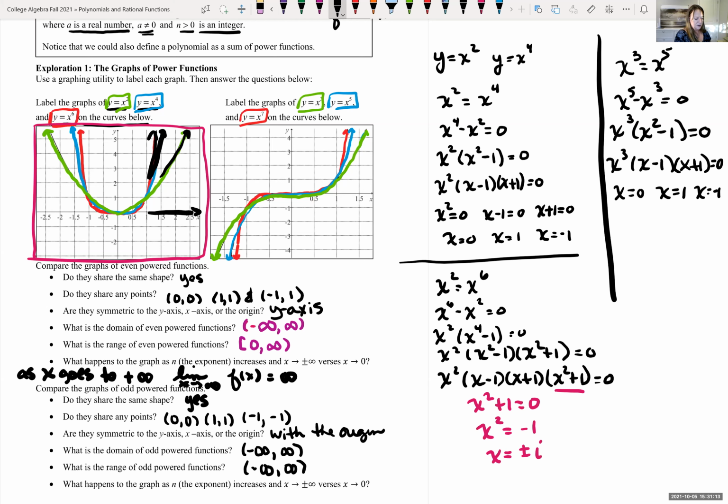As the limit as x goes to positive infinity, it shot up and went to positive infinity. And as x approaches negative infinity, f of x of our even function, notice that it's shooting upwards and going to positive infinity.